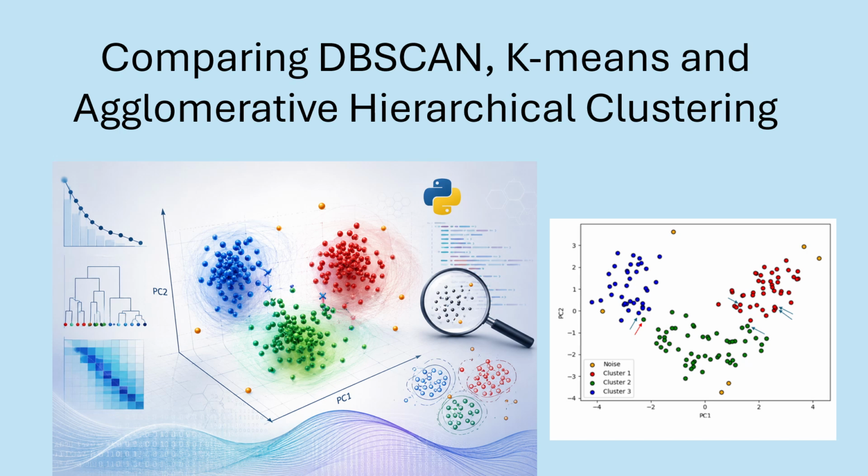This allows the clustering results from all three algorithms to be compared on the same dataset, highlighting their similarities, differences, and the situations in which each method is most appropriate.